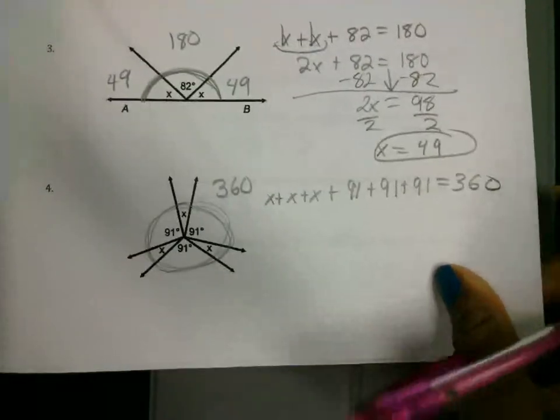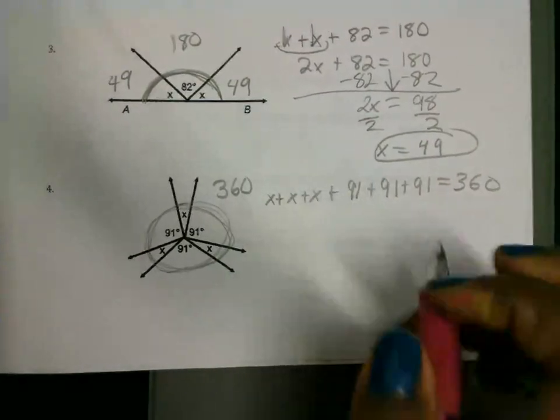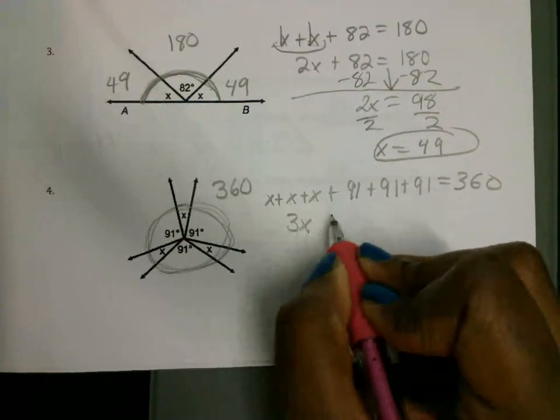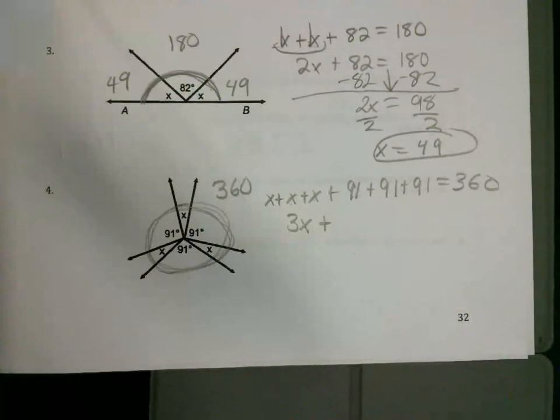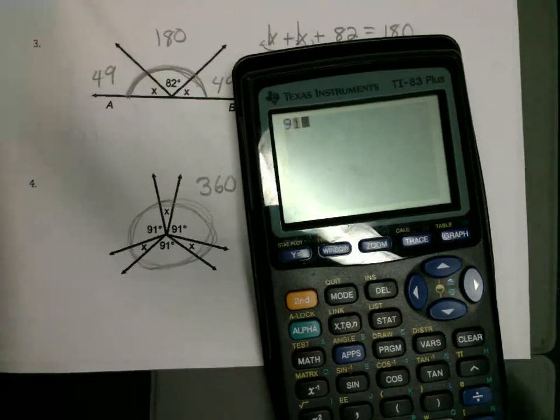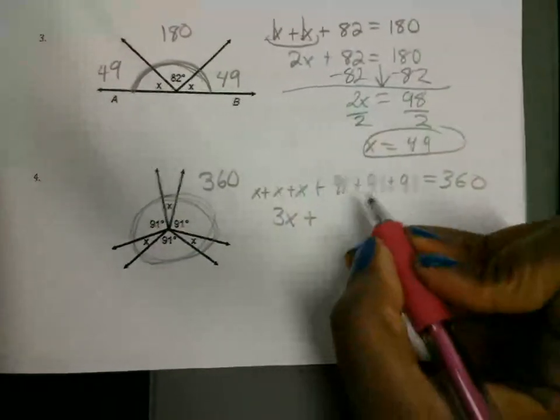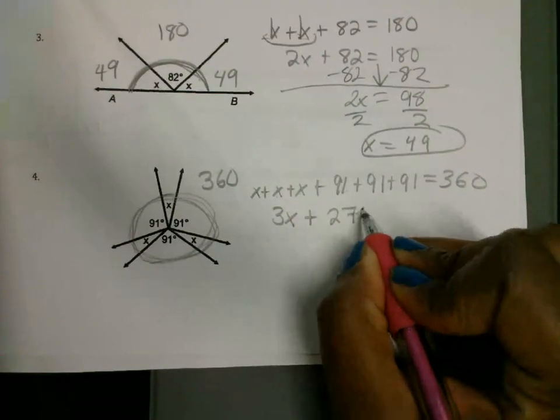Let's add all this together. What's x plus x plus x? 3x. Let's add all the 91s together. 91 times 3. What does that give us? 273.